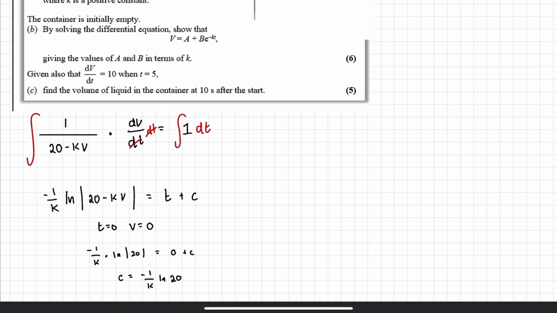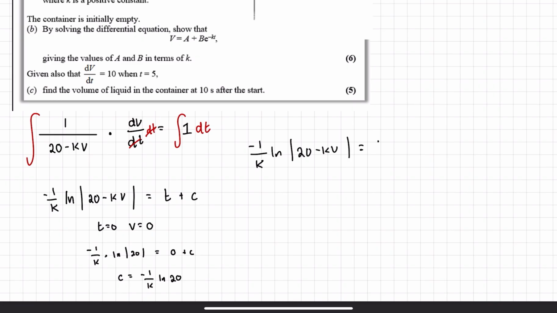So I've got minus 1 over k natural log of 20 minus kV equals time minus 1 over k natural log 20.